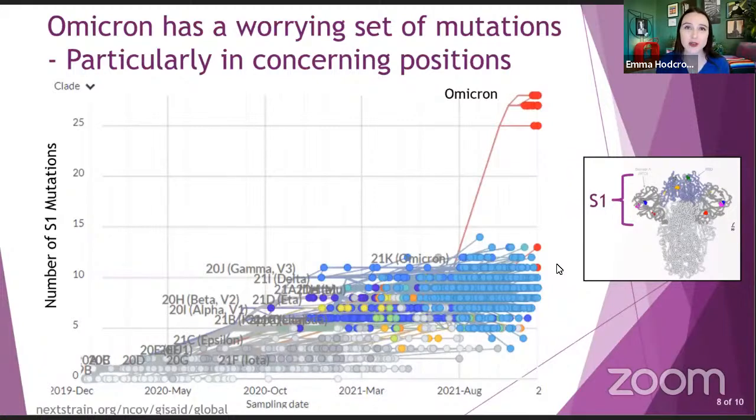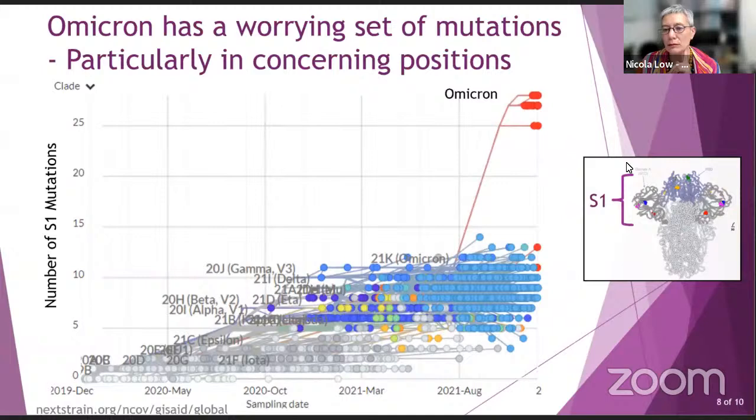So in particular, we see a lot of mutations in the spike protein. Many of you will have heard of this. It's really critical for the virus to actually attach to cells and infect them. And also it's what our body uses to recognize SARS-CoV-2. So after a vaccine or after an infection, this is how your body knows to see SARS-CoV-2 again and to start fighting it off.